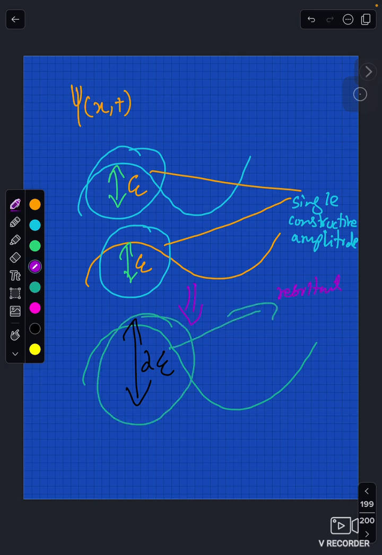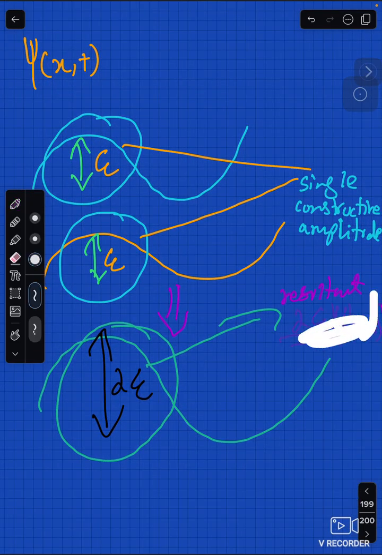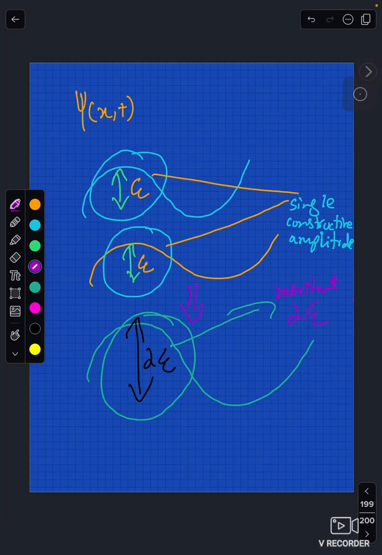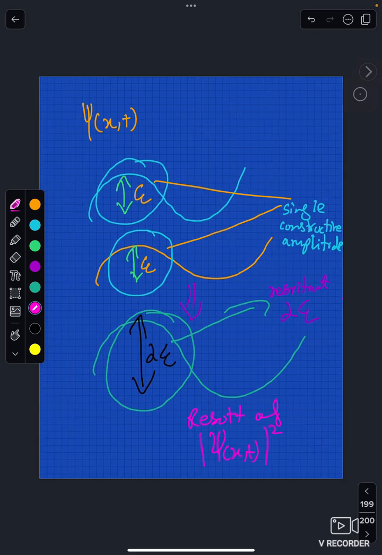Resultant 2 pi, psi of x and t square. Result of psi of x and t. x and t means time dependent, position and time dependent.